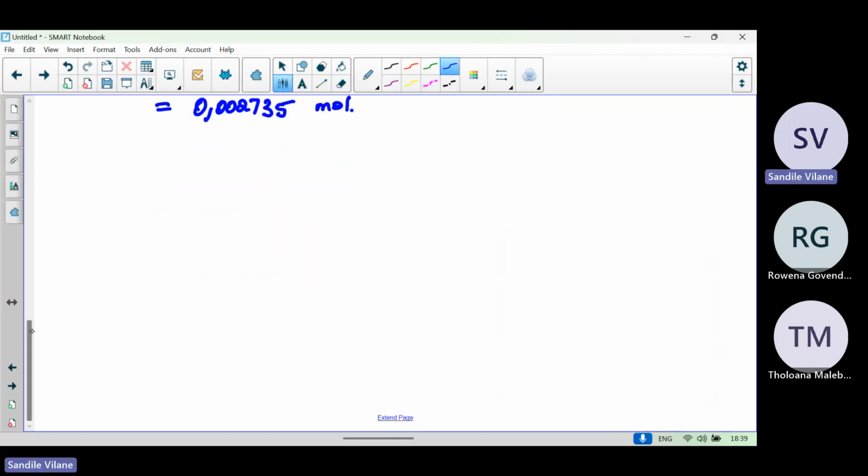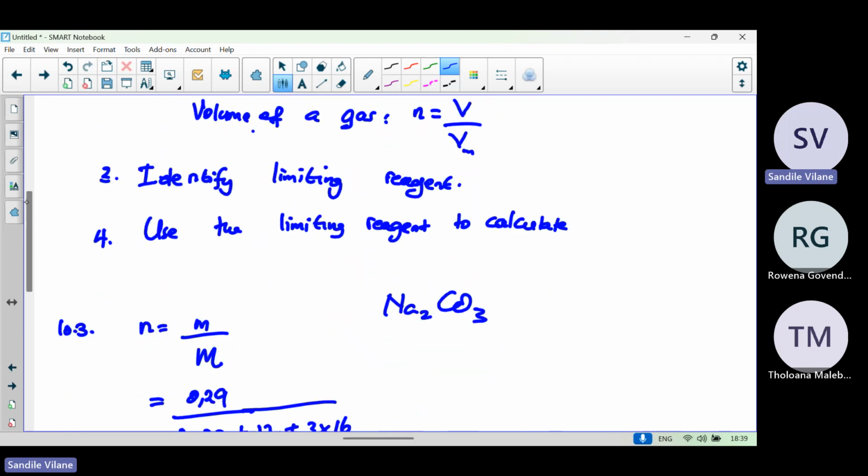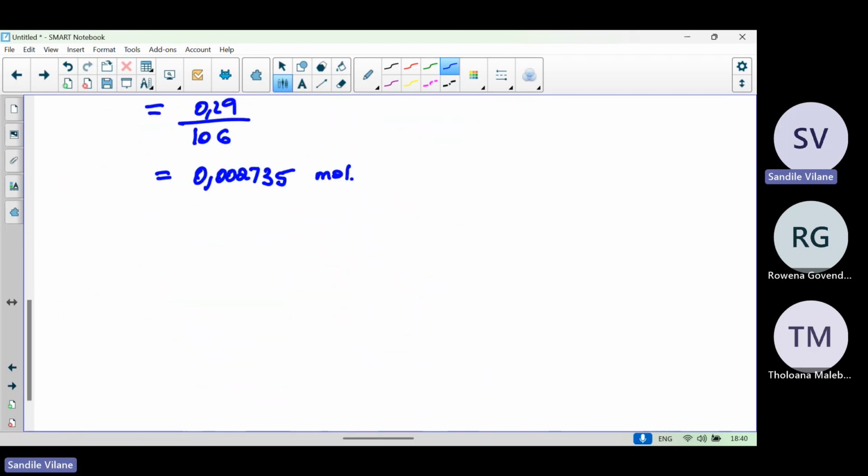Right. So this is what we have there. Now that we have the number of moles, do we have to identify the limiting reagent? No, but we have the balanced equation. Sodium carbonate reacts with hydrochloric acid. A carbonate will always form carbon dioxide.